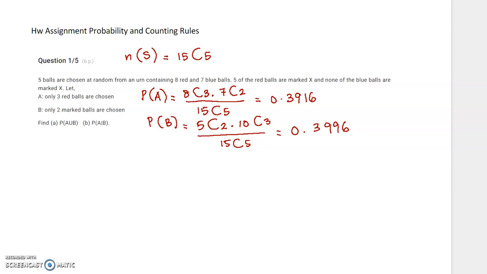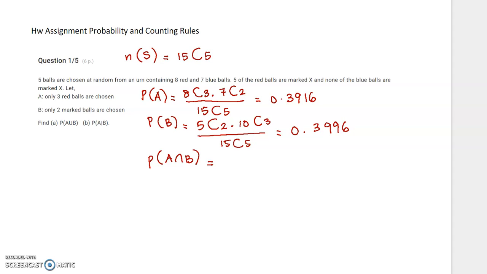We have prepared this, but wait, there is one more. We have to find the probability for the intersection, because if you want to find the union and the conditional, you have to use the intersection, right? The intersection means 3 red balls and 2 marked balls. To intersect A and B, you have to choose 3 red balls, and from your red balls, 2 are marked already.